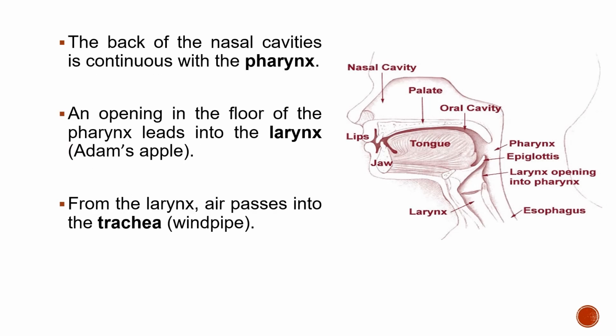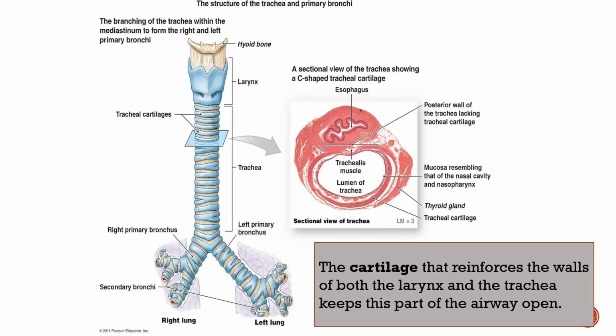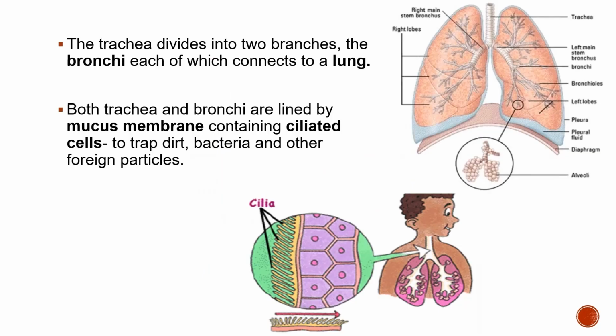The back of the nasal cavity is continuous with the pharynx. An opening in the floor of the pharynx leads to the larynx, which is the Adam's apple. From the larynx, air passes into the trachea or windpipe. The cartilage that reinforces the wall of both the larynx and the trachea keeps this part as an open airway.